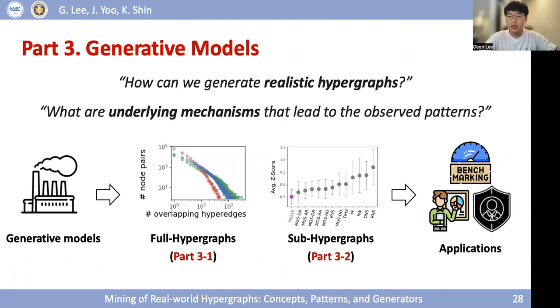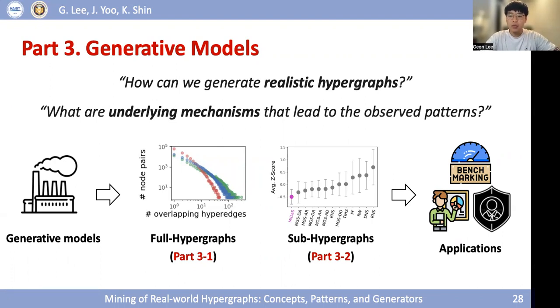First, we will introduce models that generate the entire hypergraph, and next we will share sub-hypergraph generative models. And most importantly, these models can explain why the aforementioned patterns occur by providing potential underlying mechanisms of them. Moreover, generated hypergraphs can be used for various purposes.